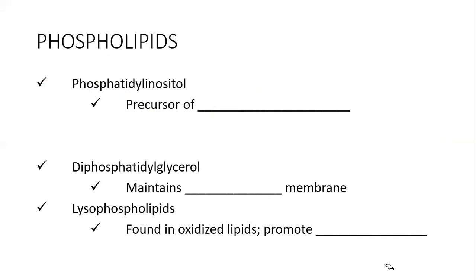Next would be phosphatidylinositol. So if you have already taken or if you are taking your pharmacology class currently, you are very familiar with this. Phosphatidylinositol class, this is the precursor of what we call secondary messengers.